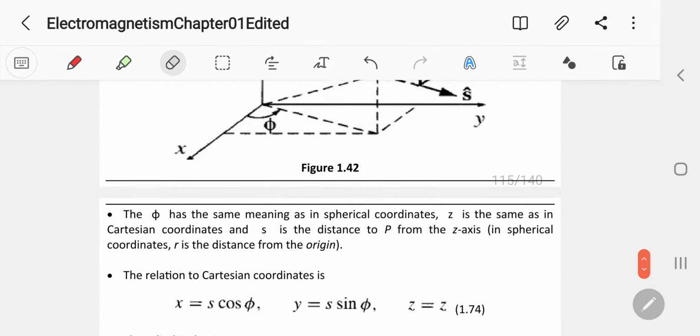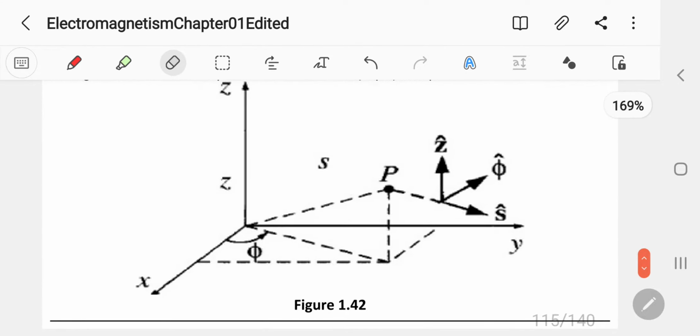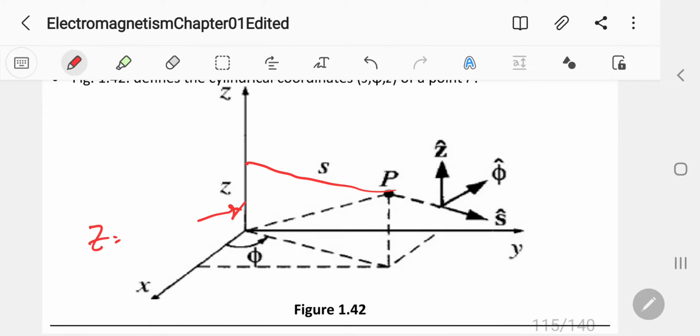Let's look at the relationship. For this, Z would be just Z, and then your X would be S cosine of phi, and your Y is of course S sine of phi.